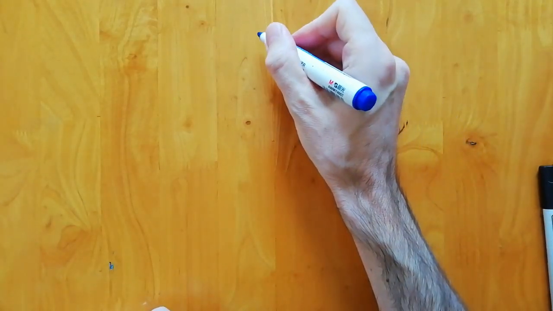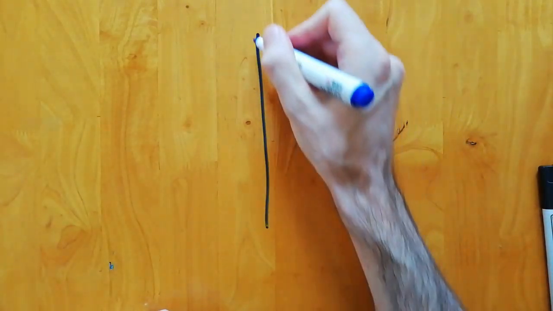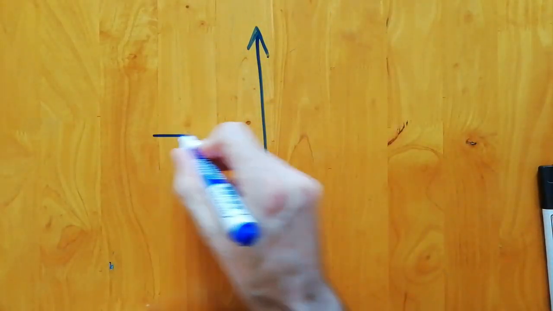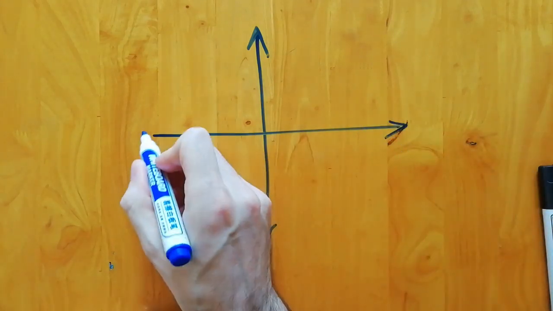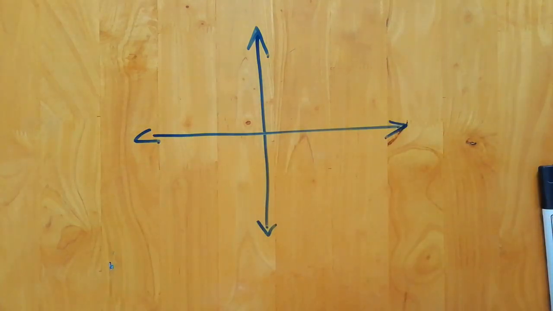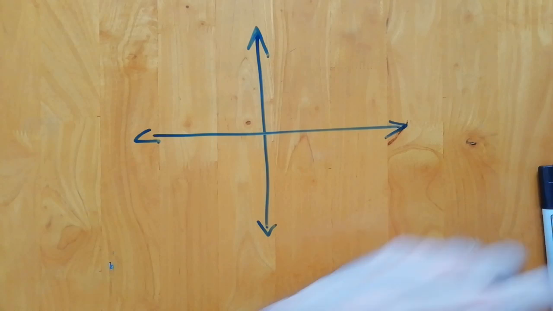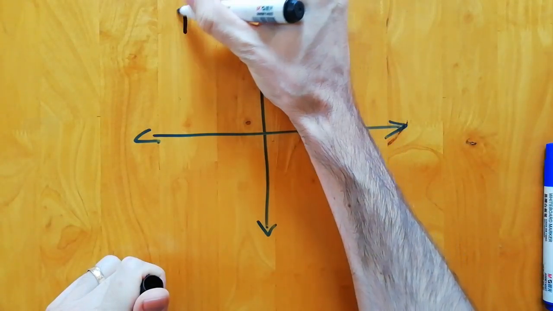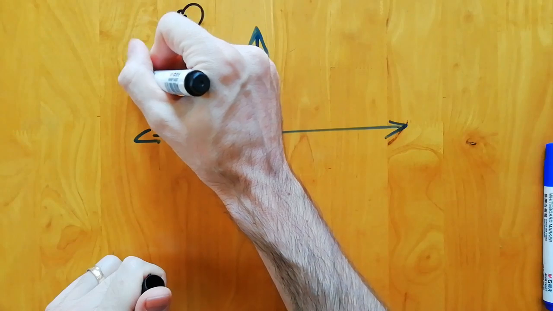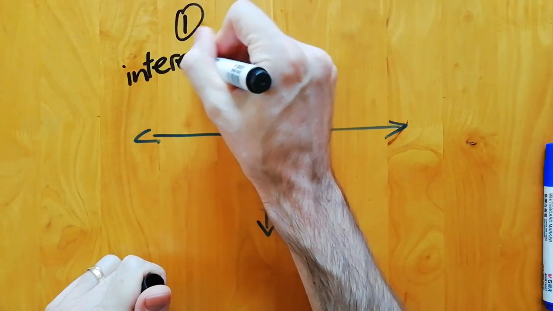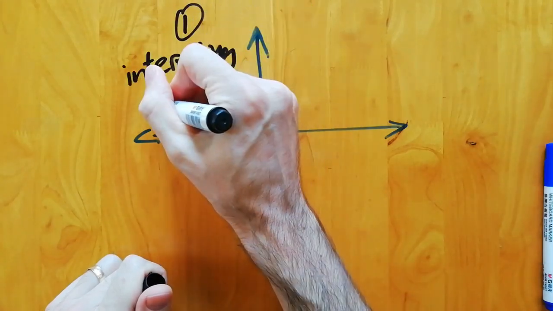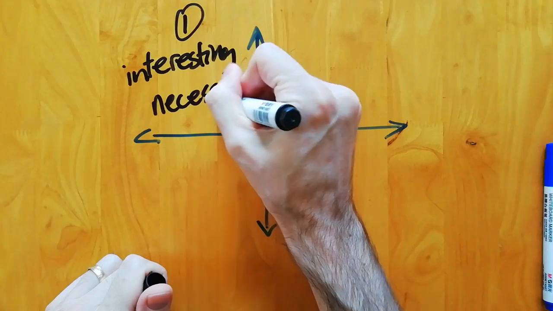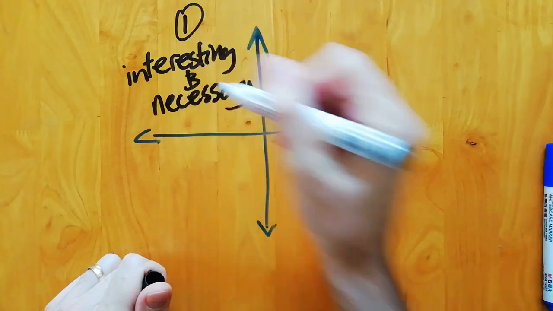So first we're going to draw a sort of four square quadrant, or something with an XY axis here. Okay, and in quadrant number 1, we're going to write the words interesting and necessary. So what does this mean?